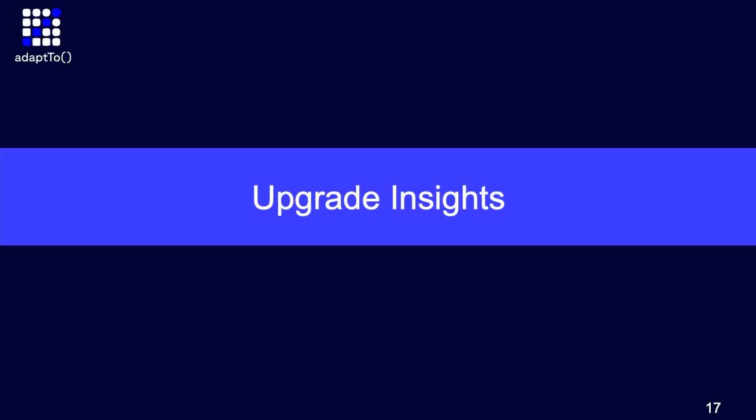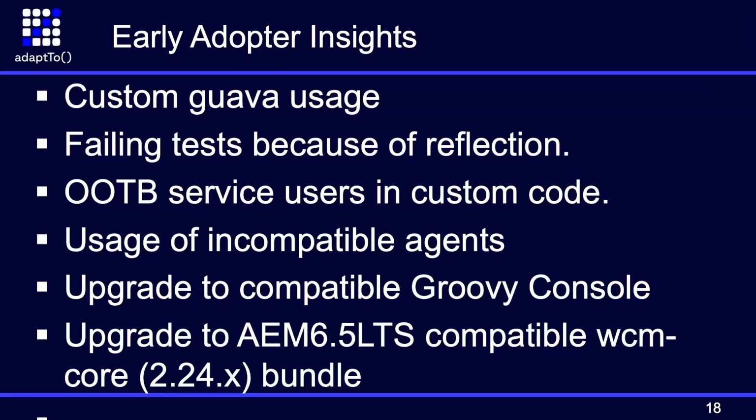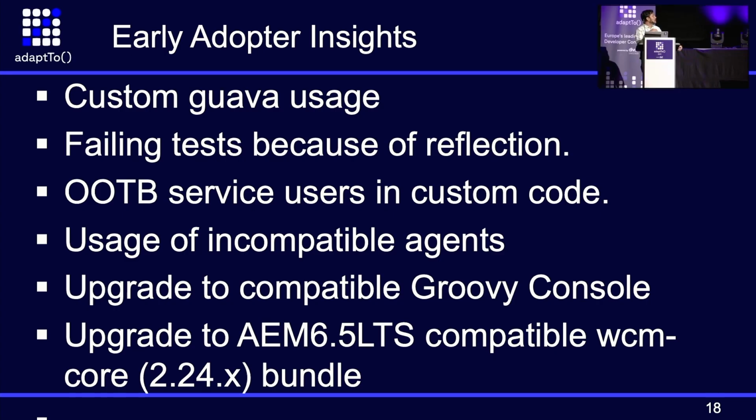During the process of developing AEM 6.5 LTS, we also upgraded a few customers, and these are a few of the early adopter insights that we have. Most of the customers we upgraded are extensively using Guava, in their customizations also.